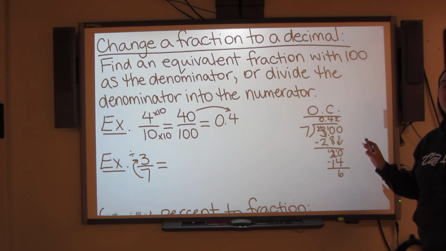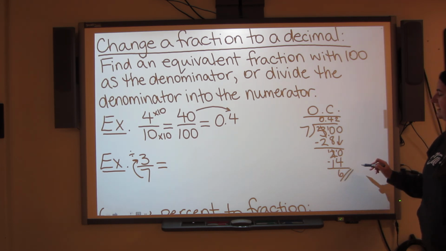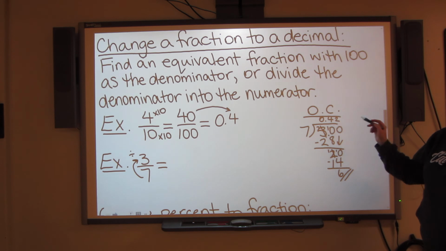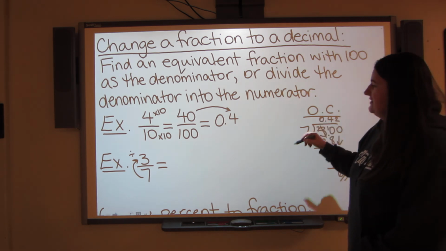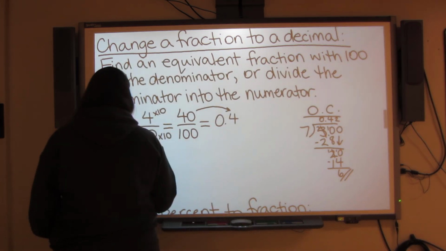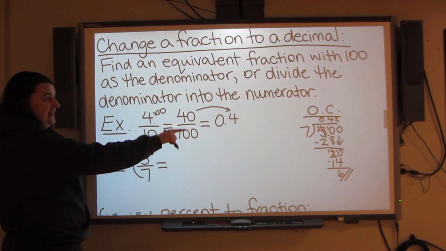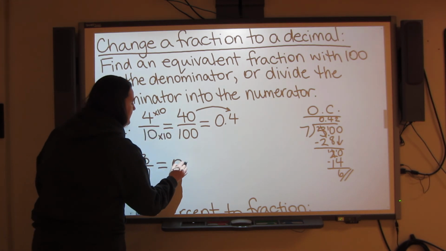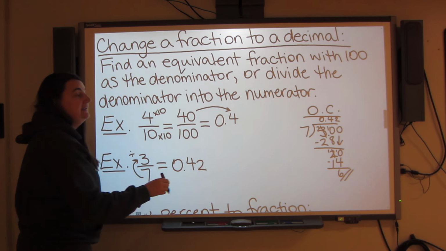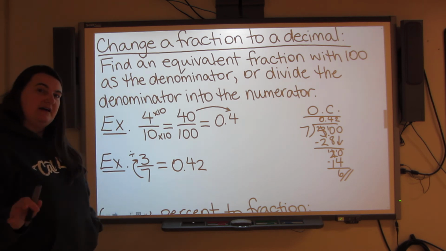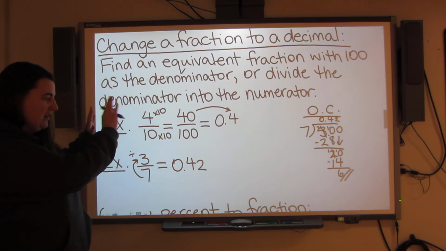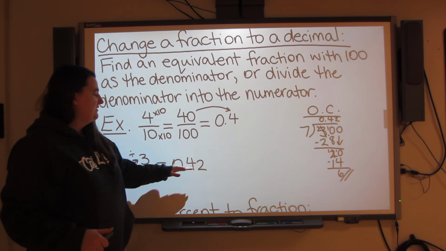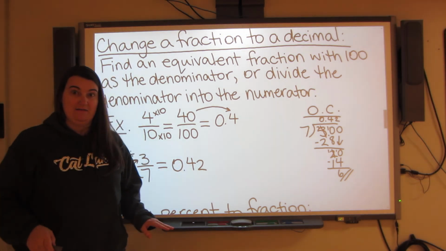That's enough. You do not have to go any farther than 2 decimal spots. So I know that 3 over 7 as a decimal is 0.42. Yes, it keeps going, but that's okay. For what we're doing today, 2 decimal spots is fine.